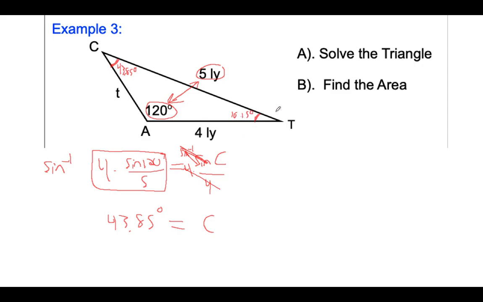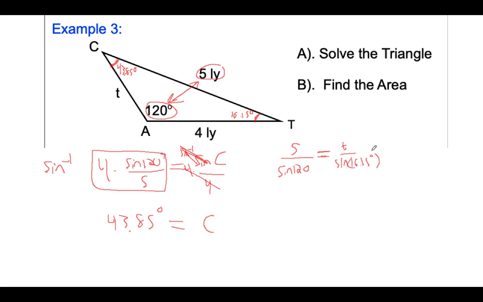And now we can use our law of sines to solve this, okay? So I'm going to use the original, and I'm going to have the side lengths on top. Again, you don't have to do it that way. It would just require a little more solving. Sine of 120 equals, and then we're going to use this, t, the side length, over sine of 16.15 degrees.